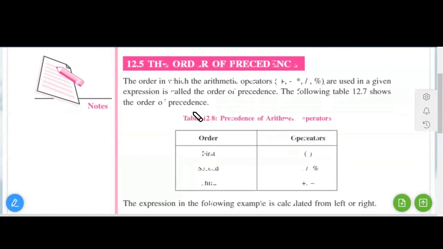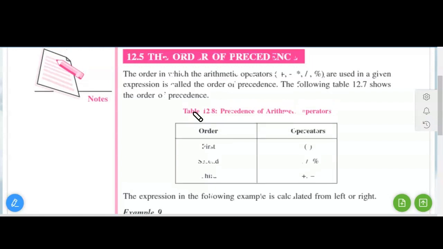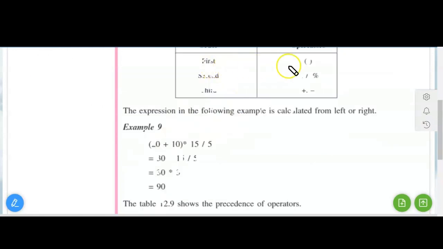Next one is order of precedence. That means when you're given a lengthy expression, which expressions will be done first and then which will be done second, third, that order is known as order of precedence. First precedence is for your bracket, second one is for all these three operators, then goes for plus and minus.